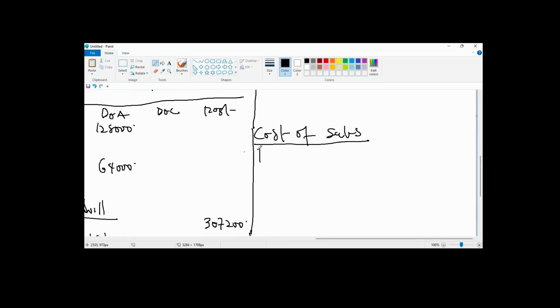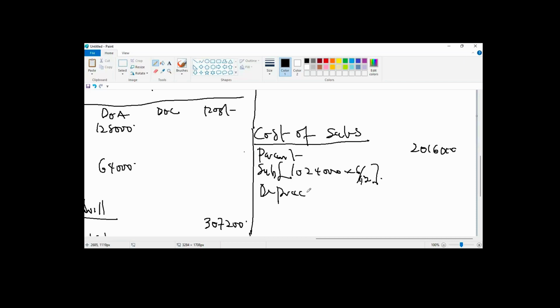Current cost of sales: 1,024,000 times 6/12, because we only acquired for 6 months.